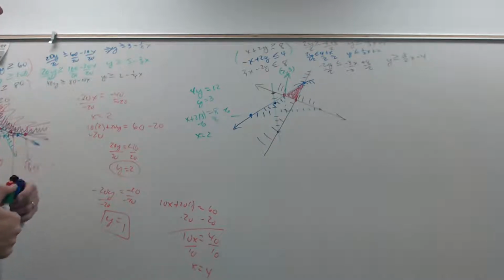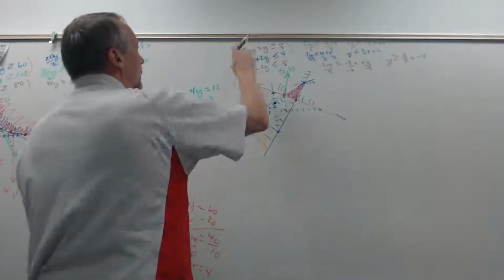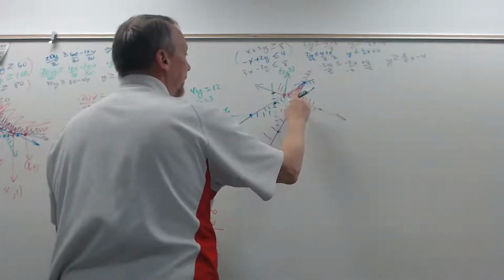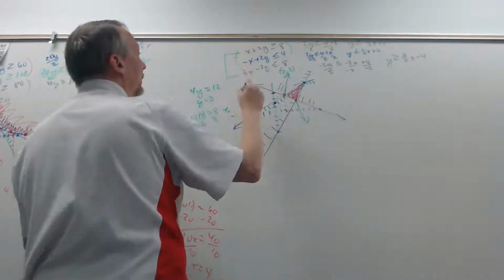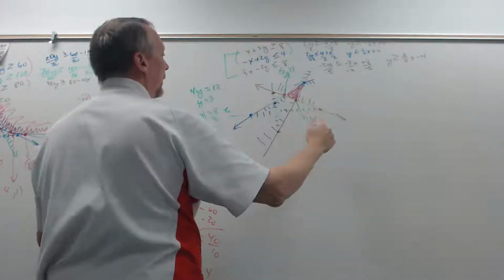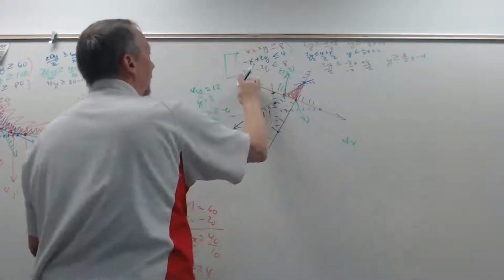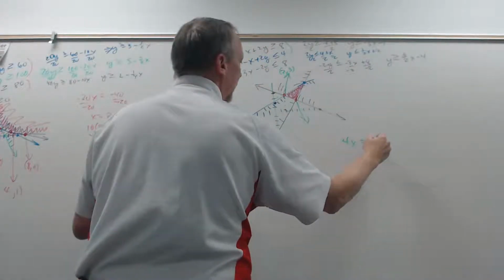Then you just add the top one and the bottom one. So we're doing the black and the purple? Yeah. So the black and the purple is going to be this point here. If we add them together, the y's fall out. We're going to be getting 4x equals 16.